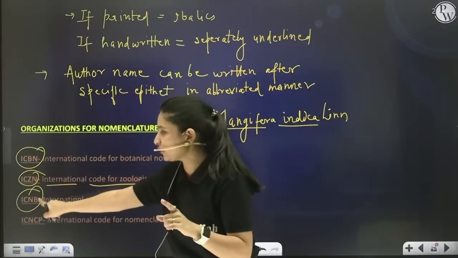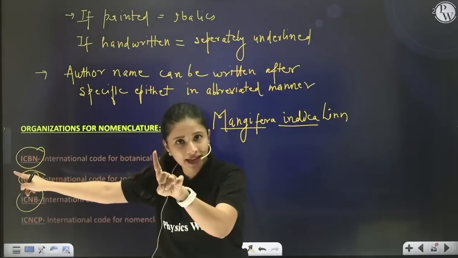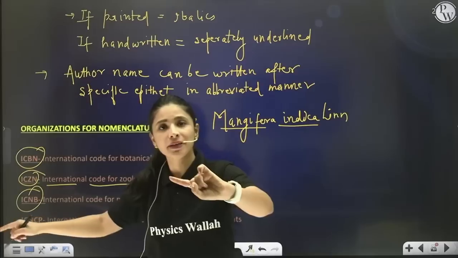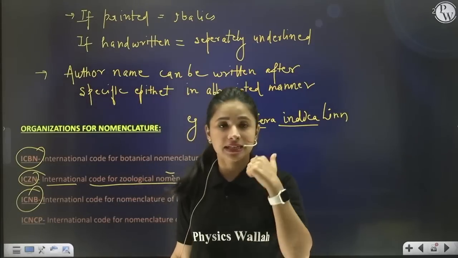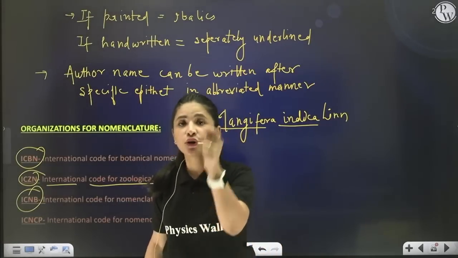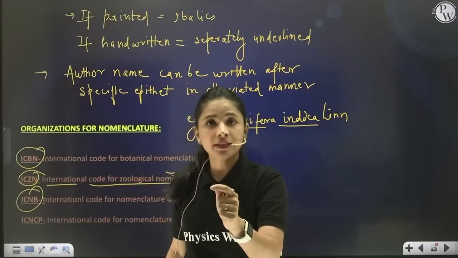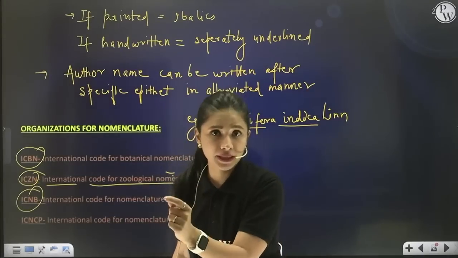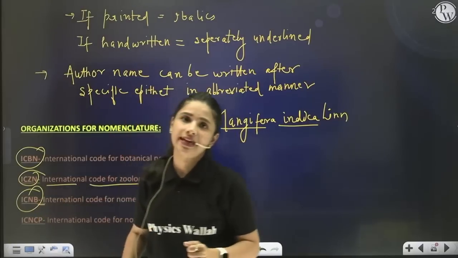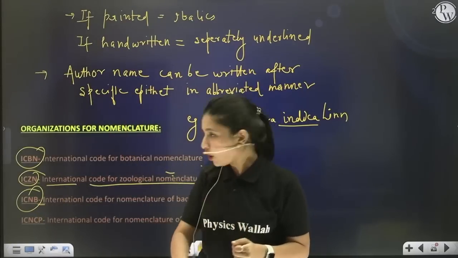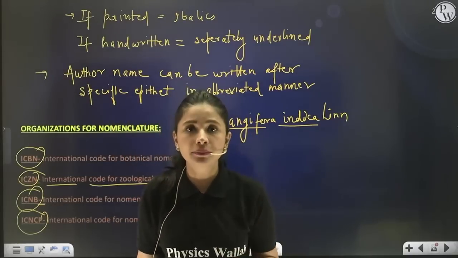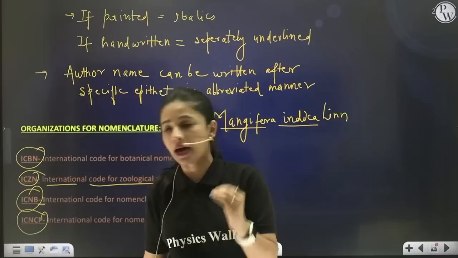Third, ICNB. Slight difference from the first one. First one is ICBN. Third one is ICNB. When it is ICNB, this organization is the International Code for the Nomenclature of Bacteria. Bachcho, if the nomenclature of bacteria has to be done, then it is going to be ensured by ICNB. Correct? Fourth is ICNCP, International Code for the Nomenclature of Cultivated Plants.